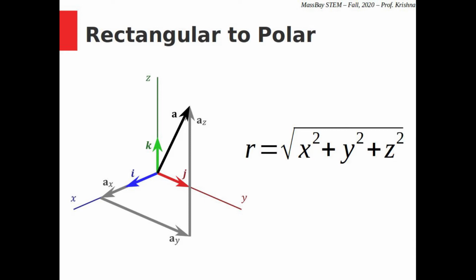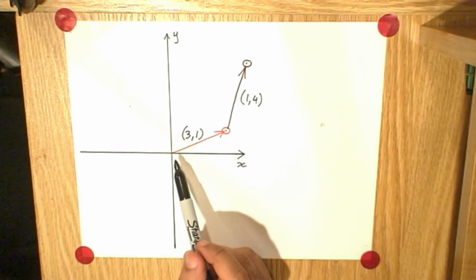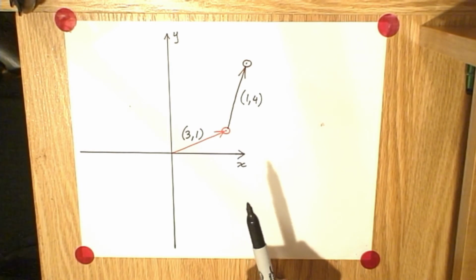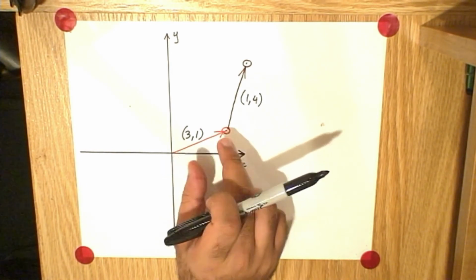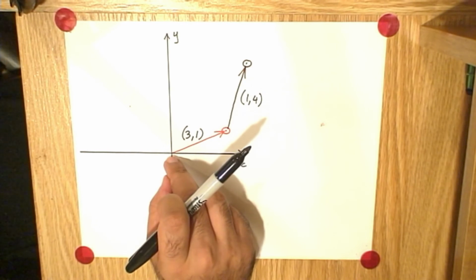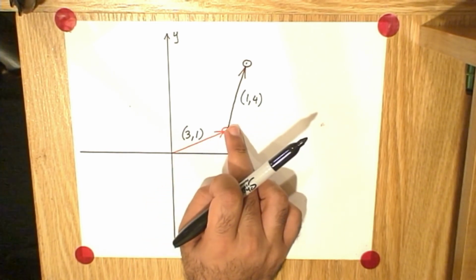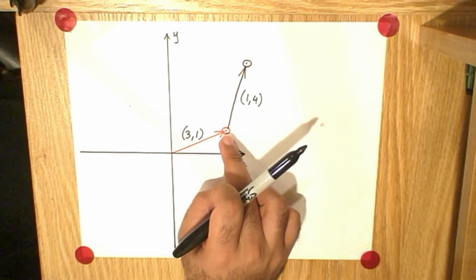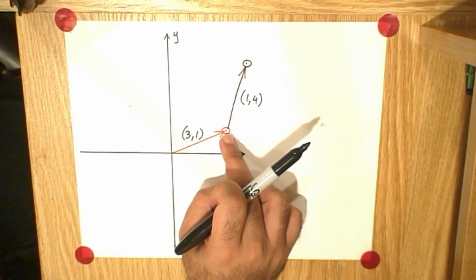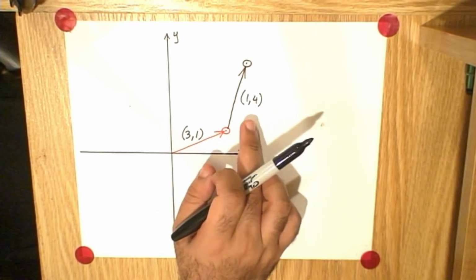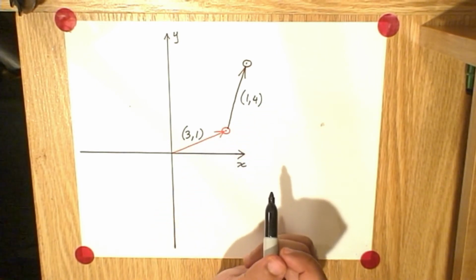Now, let's look at some vector operations. When we add up two vectors, the process for doing it is like this. We take the first vector and align it so that its tail is at the origin, as usual. We then take the second vector and align it so that its tail, its initial point, is the same as the terminal point for the first vector. Then we can just add up the corresponding rectangular coordinates for each.